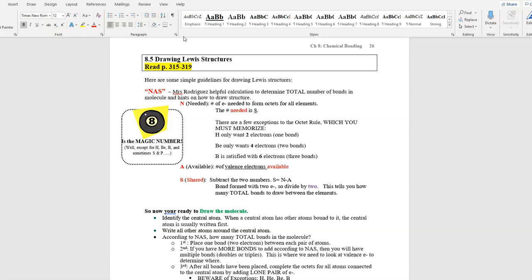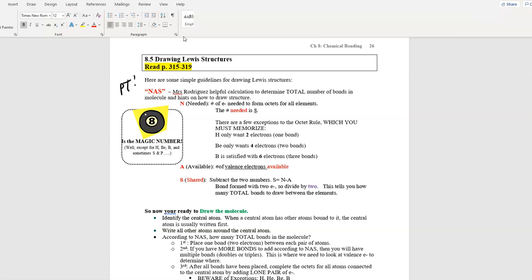So when you're doing this, as I said, have that periodic table near you. And while I'm showing you, because the majority of the notes is sample problems, while I'm doing this, you need to see how I'm pulling these numbers, okay? So it's a helpful calculation to determine the total number of bonds and molecules and hints on how to draw it.